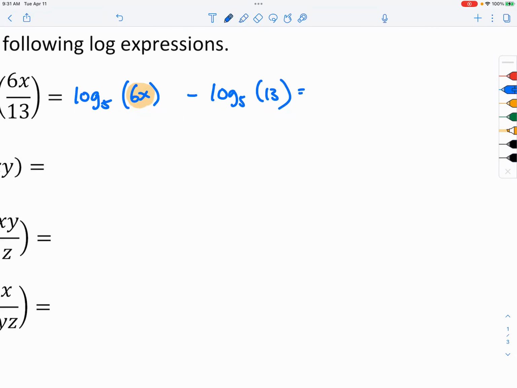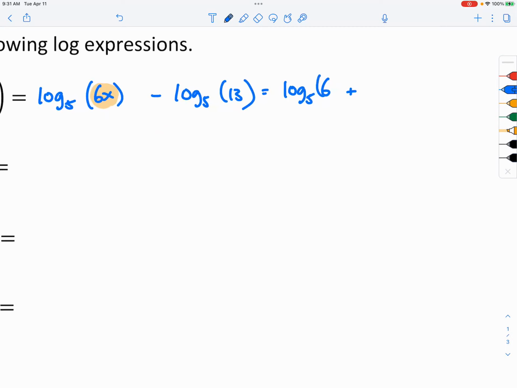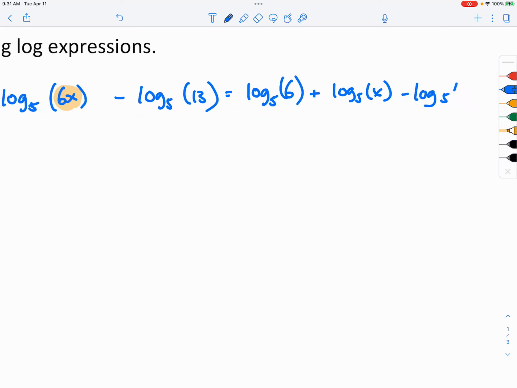So we can break this down even further to make it log base 5 of 6 plus log base 5 of x minus log base 5 of 13.